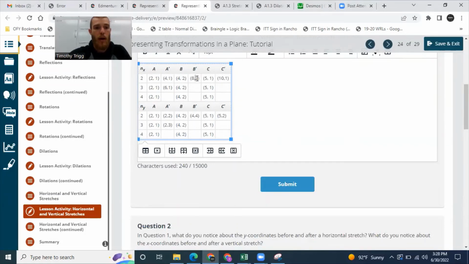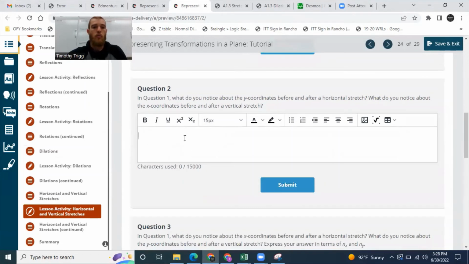B to B prime, the y coordinate doesn't change. C to C prime, the y coordinate doesn't change. So the y coordinates do not change after a horizontal stretch.